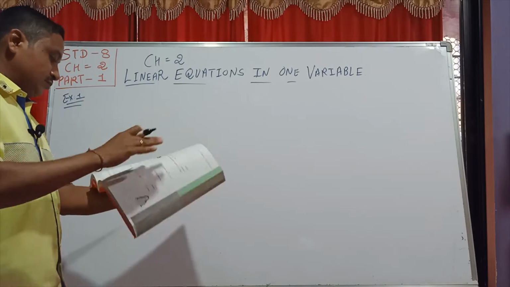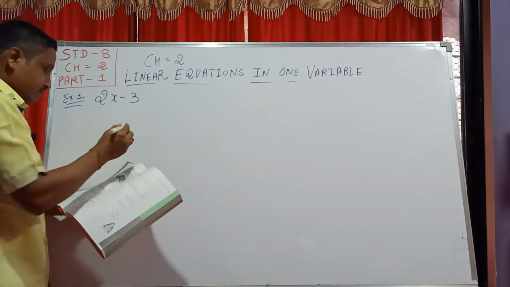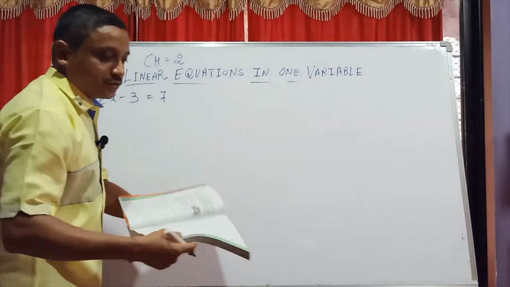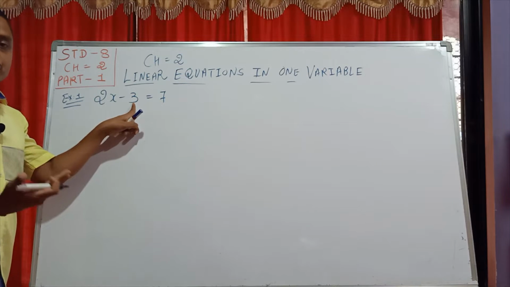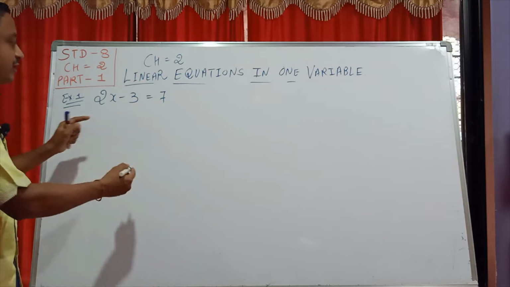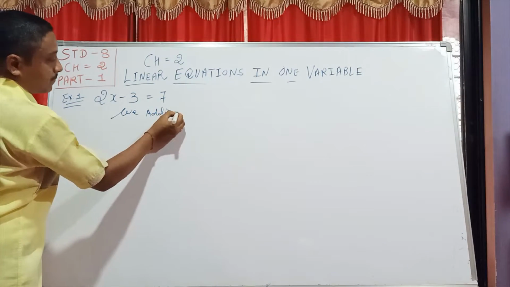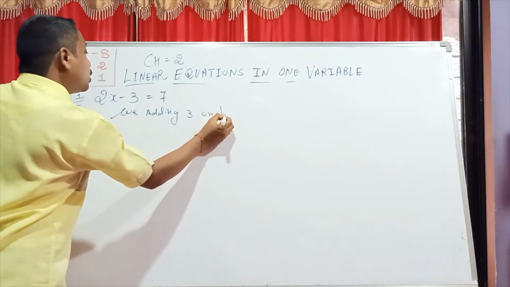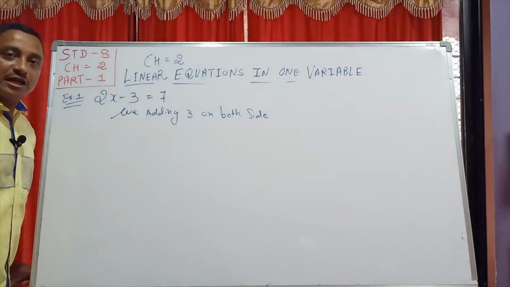Example 1 is: solve the equation 2x minus 3 is equal to 7. Yes students, first deal with this minus 3. I change it from left to right side. It means we add 3 on both sides. Yes, it is necessary to write down these steps.